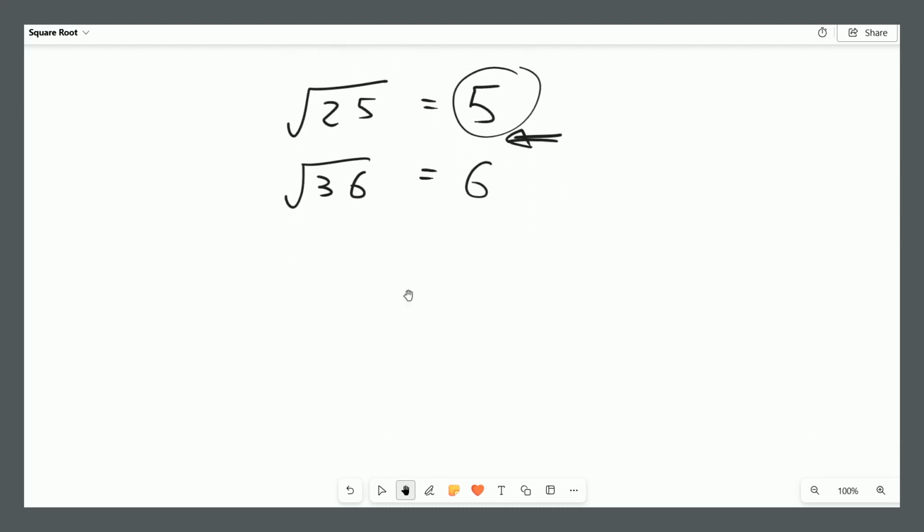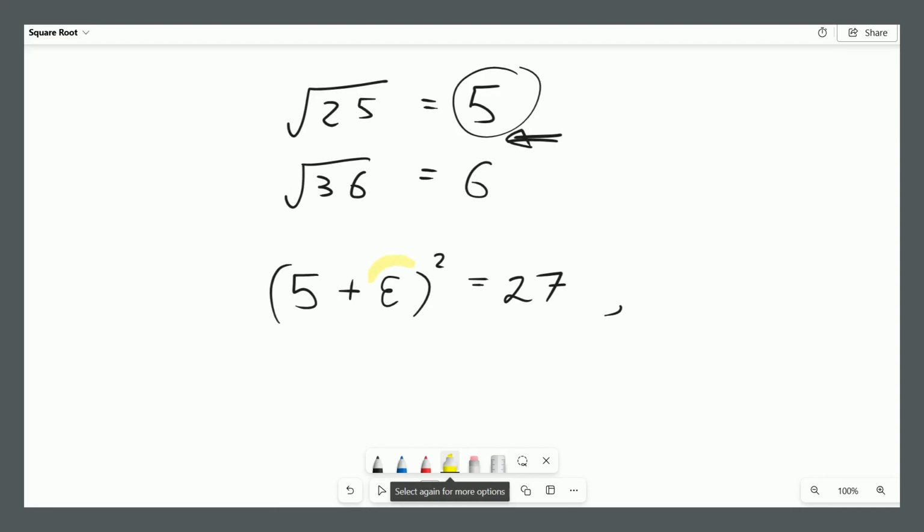So we can then conclude that (5 + epsilon)² equals 27. Mathematicians use this symbol epsilon to refer to a small number that is greater than 0 but less than 1.